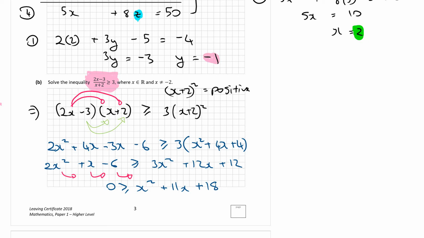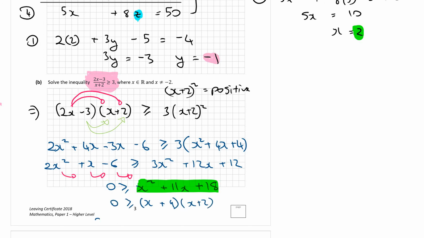So I'm left with this quadratic. Now what I'm going to do is factorize the quadratic. Straight away I'm looking for the factors of 18 that add up to 11, and I'm thinking 9 and 2. So x plus 9, x plus 2 less than or equal to 0.